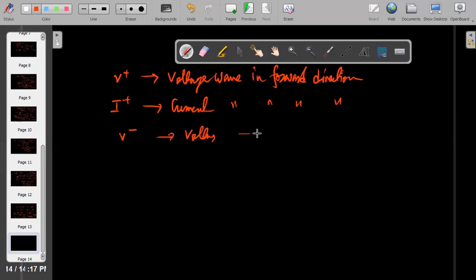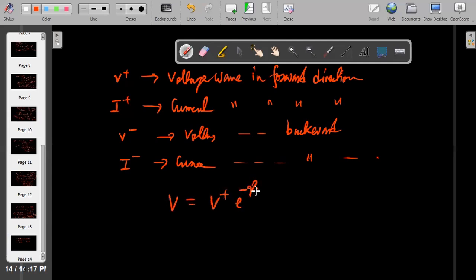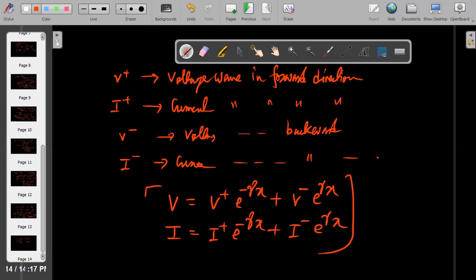Voltage wave in backward direction. And I minus is current wave in backward direction. I think it is clear. And V is nothing but V plus e to the power minus gamma x plus V minus e to the power gamma x. Please remember this. Already I told these two equations. I is I plus e to the power minus gamma x plus I minus e to the power plus gamma x.